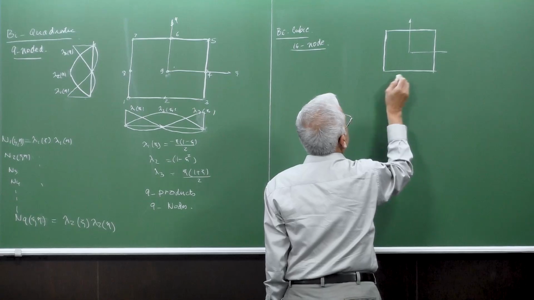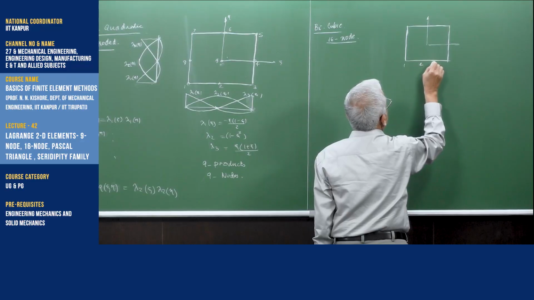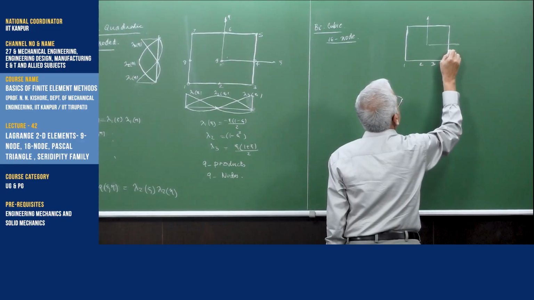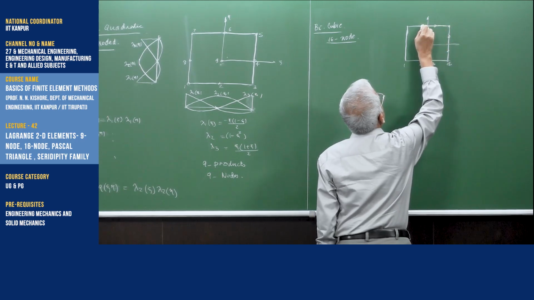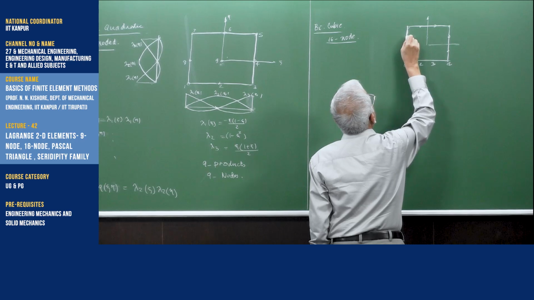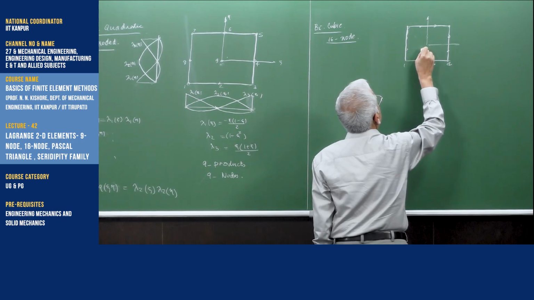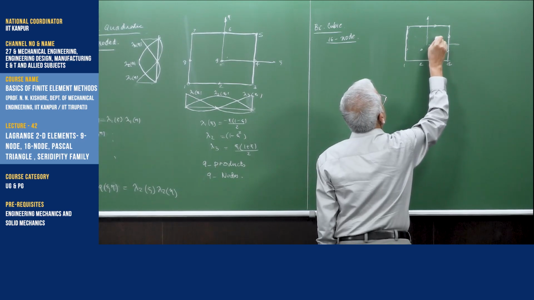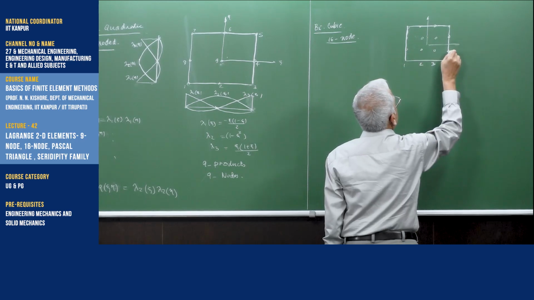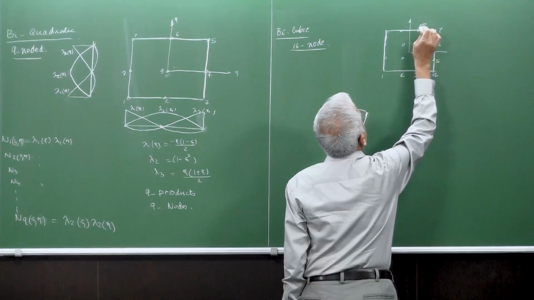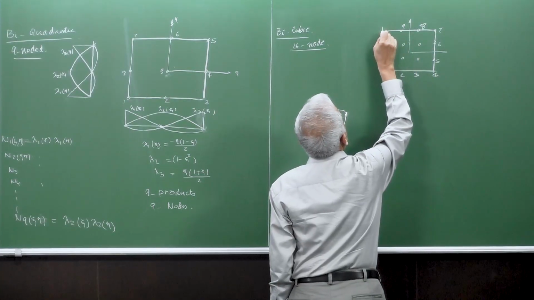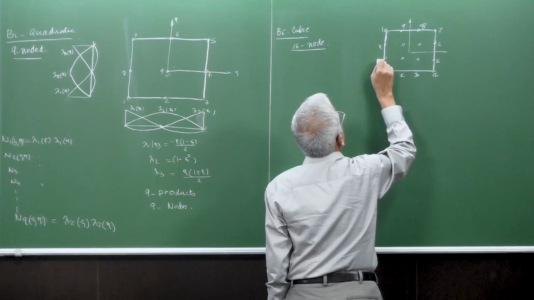So we will have 4 on this side, 5, 6, 7, 8, 10, 11, 12.